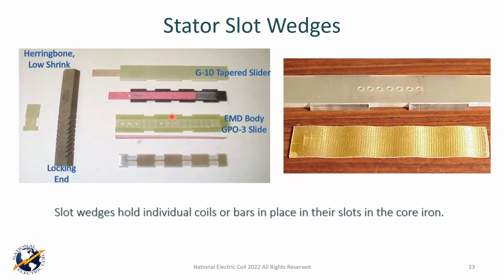G11 is a little bit higher temperature. But anyway, you can see there are different configurations where they build in what's called tapered sliders. What these do is, when you put in the wedge, you don't have to try to drive it over to get the compression. You have a lot more room in the way you wedge, because you can use the taper and the way you drive these to adjust how much compression you're putting on the filler materials.